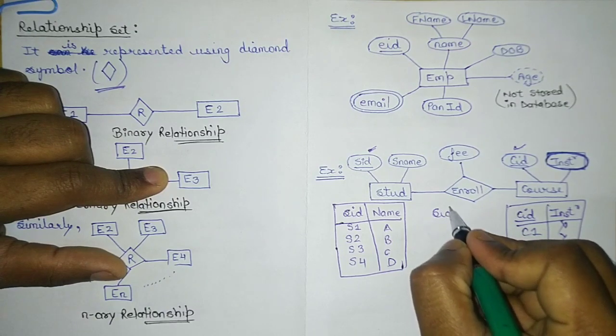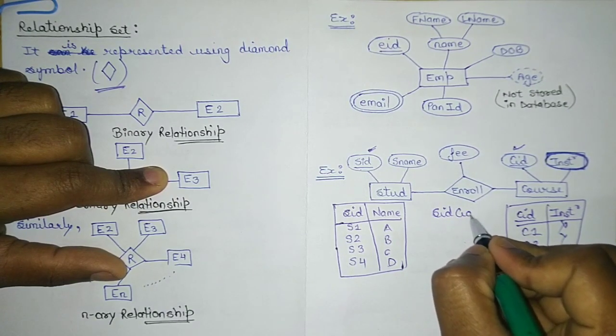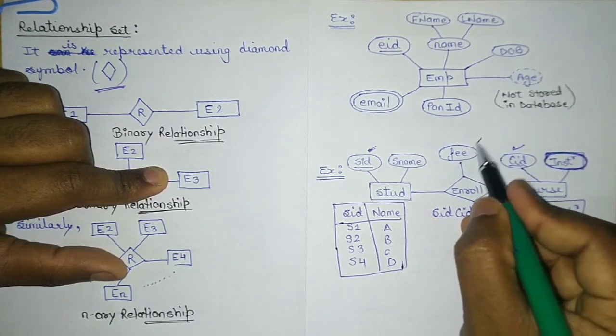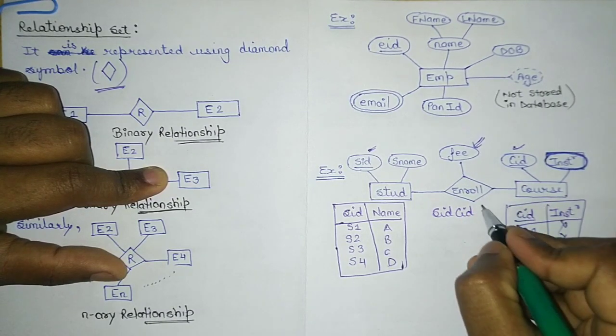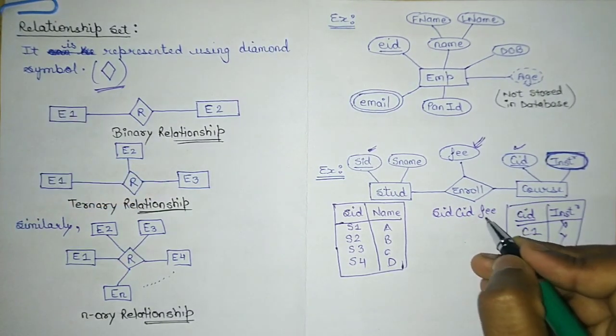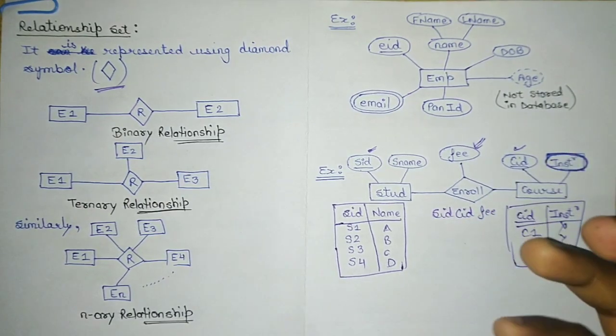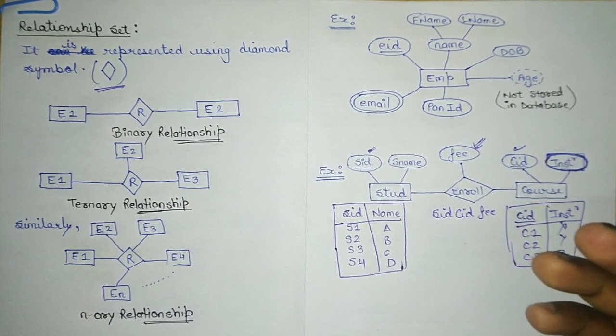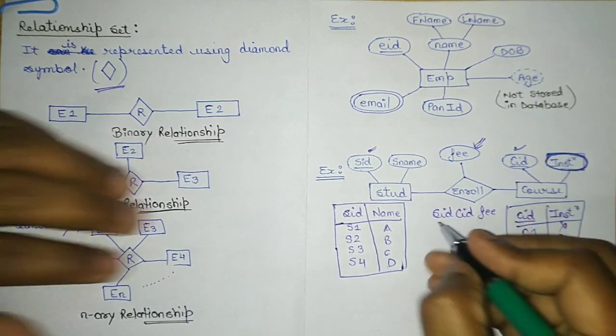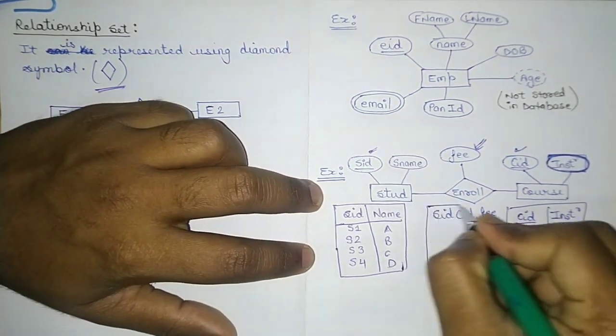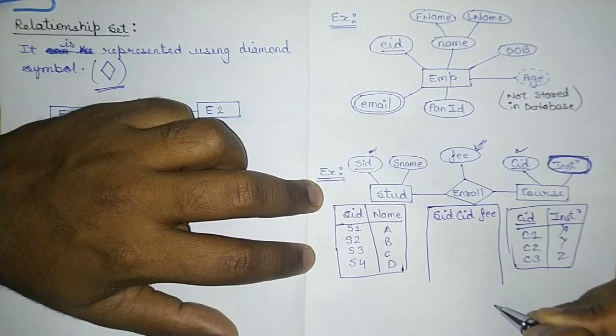So I will be taking it as SID, CID, and one more attribute will be there, which is fee. So this fee is nothing but the descriptive attribute. This also describes some information, so this is known as the descriptive attribute. So this is a particular table.